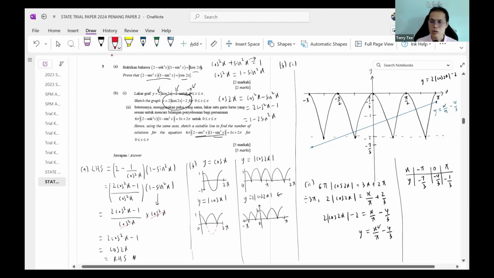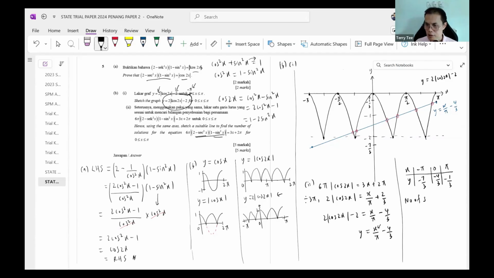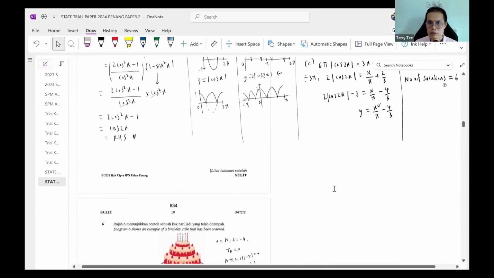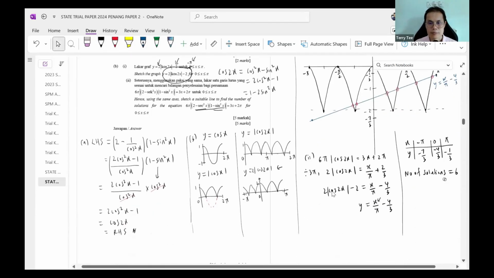Remember, the number of solutions to this equation is the number of intersections between these two graphs. So you can see from the graph, they intersect 1, 2, 3, 4, 5, 6 points. So if you have 6 intersections, the number of solutions is 6.